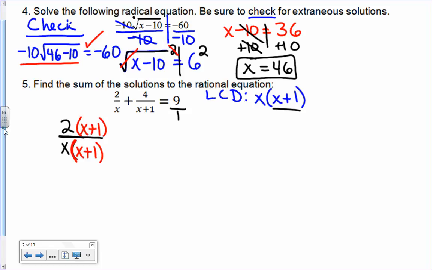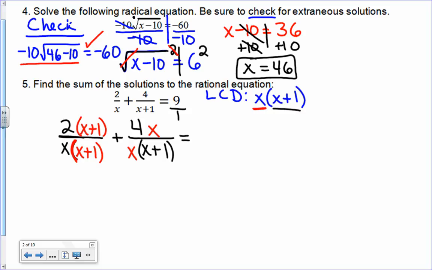So the first fraction was missing x plus 1. Go to the second fraction. That's 4 over x plus 1. The only thing that one is missing is the x. So I'm going to put the x in front so they look the same. Again, though, you're just multiplying it. If I put it on the bottom, I also have to put it on the top.